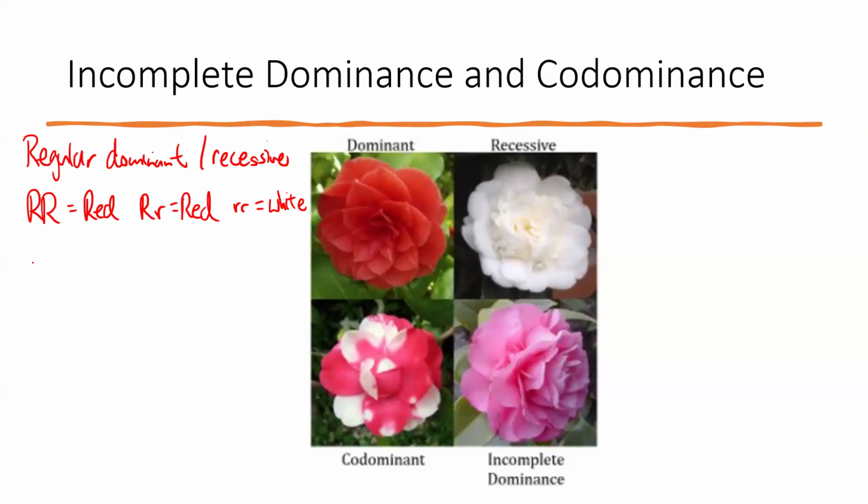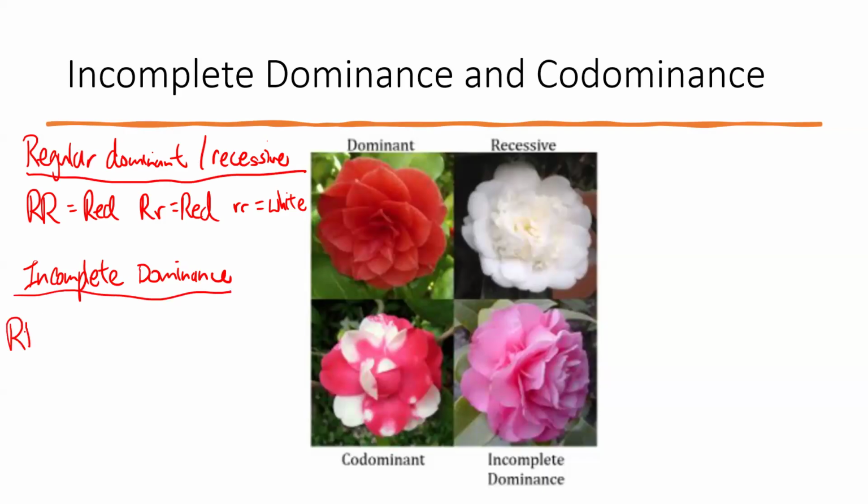Now, let's take a look at a new inheritance pattern called incomplete dominance. So big R, once again, is red. That is not difficult to understand. Small r is white. And then what about big R, small r?